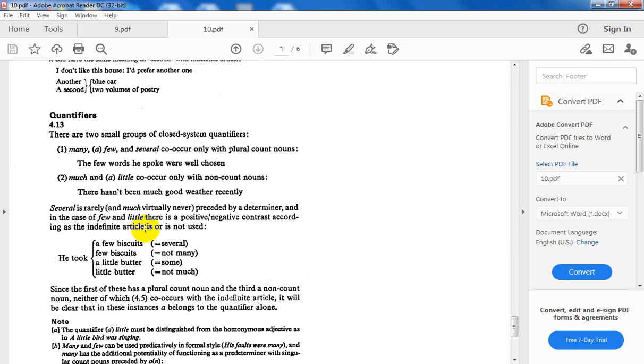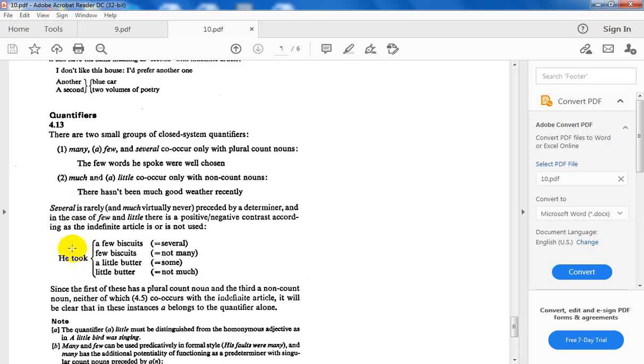Of course we say few, a few, little, a little. What is the difference? Whether I have a or I don't have a, there is a contrast in meaning.